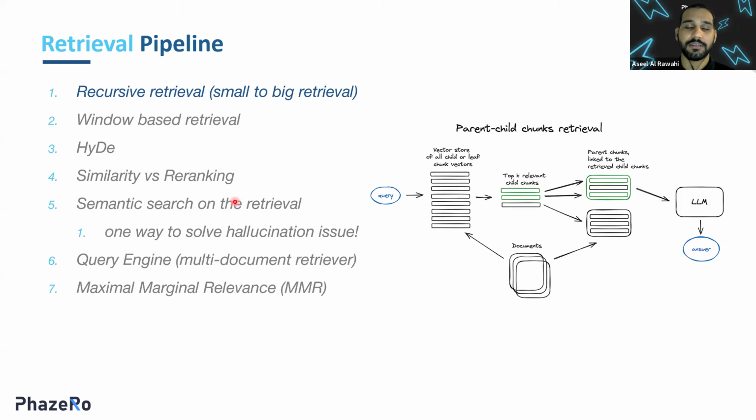And the parent chunk usually is a summarization of the main or the children chunks. This recursive retrieval is very fast and allows us to perform very specific retrieval of our documents.